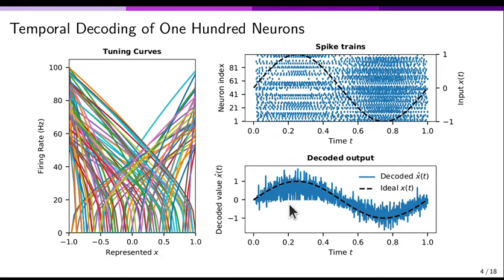Given that our decoding equation is to take the activities of the neurons and multiply them by the decoders, if there's an instant in time where no neuron is firing, then the activity is 0. 0 times anything is 0. I don't care what optimal decoders we're solving for, it can't find a solution, because 0 times anything is 0.